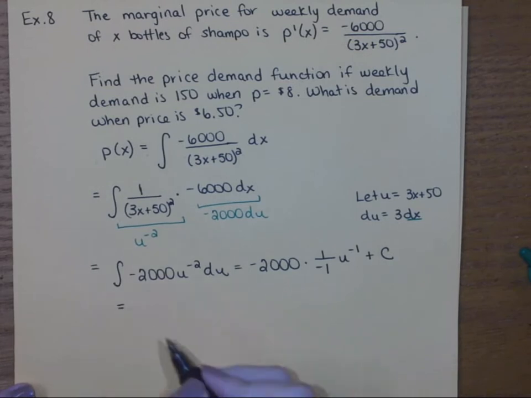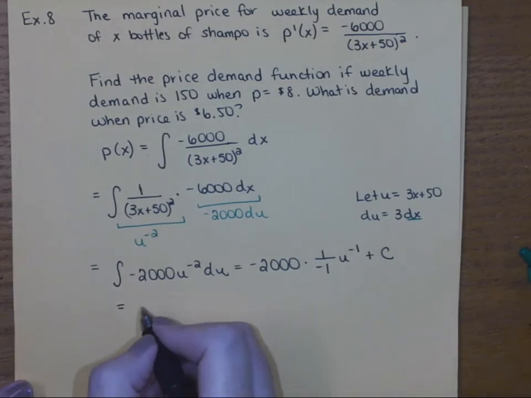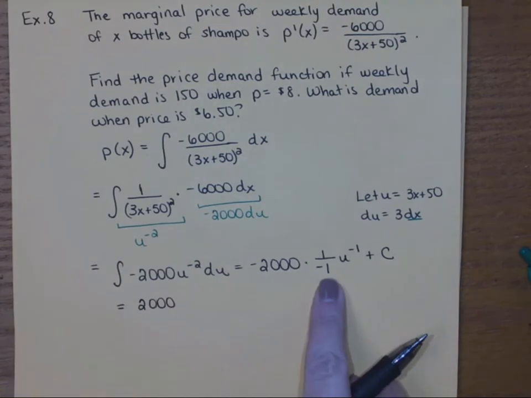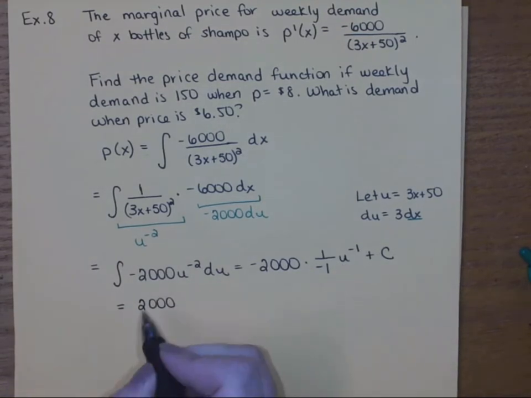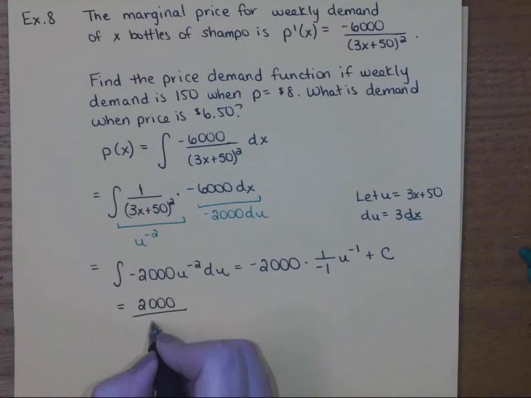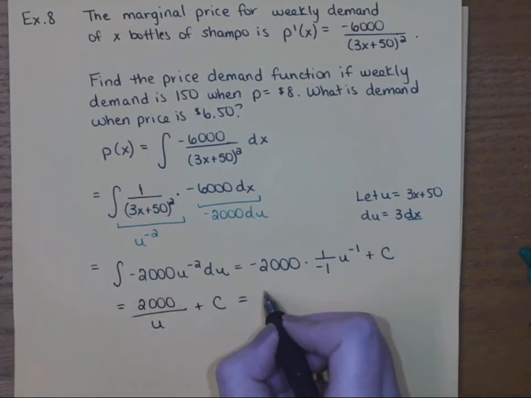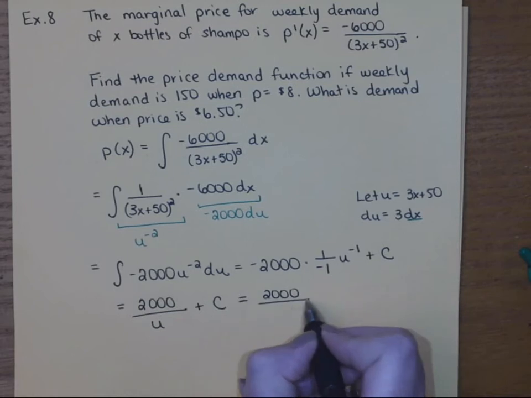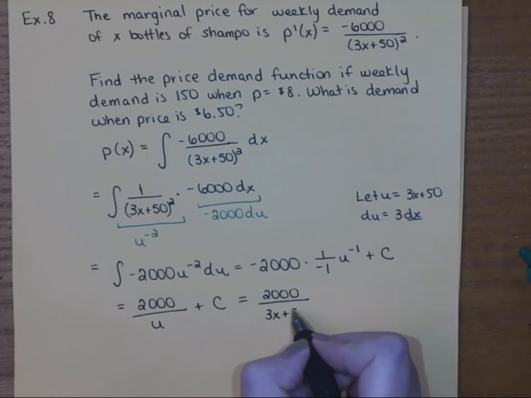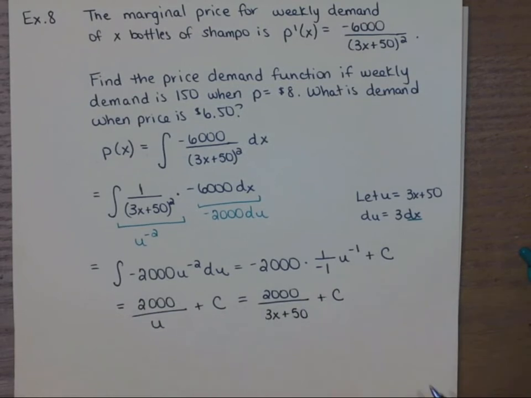So if we clean this up a little bit, we're going to get 2,000, right? Because this times this would be a positive 2,000. And then we're going to write this on the bottom because it is a negative exponent. So it's just going to be 2,000 over the 3x plus 50 plus c.